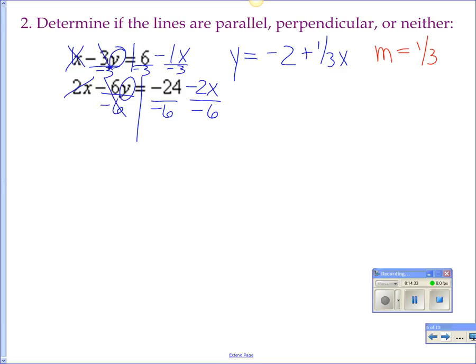Gracie, negative 24 divided by negative 6. Okay. So we'll do that. We'll make that a positive. Okay, thank you. Gracie, negative 24 divided by negative 6.